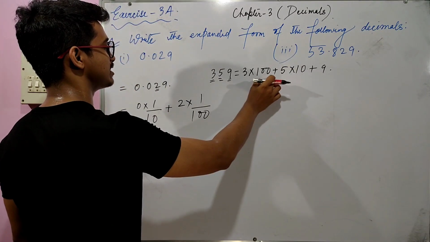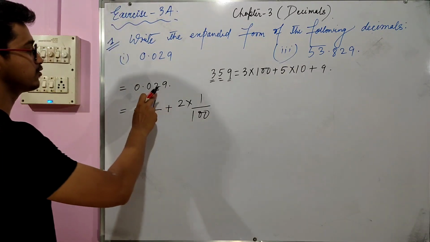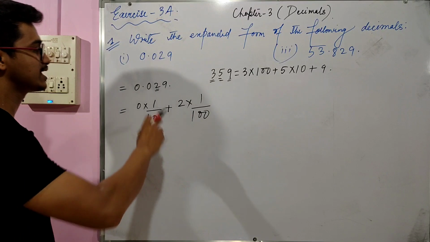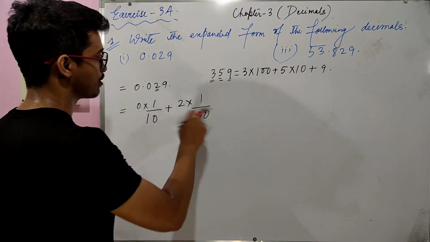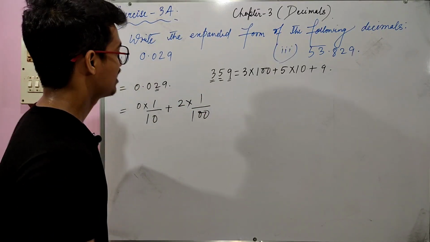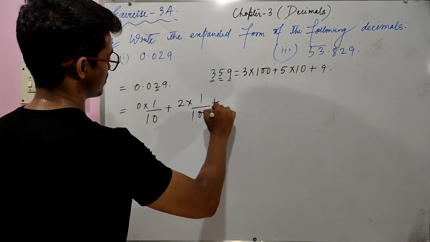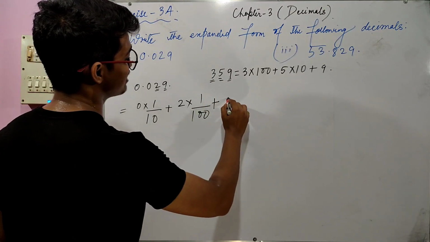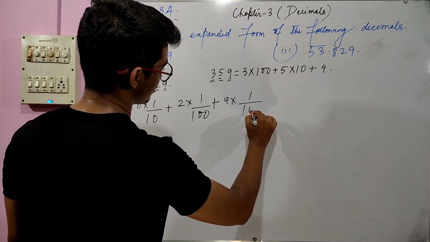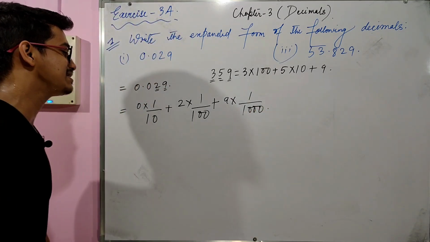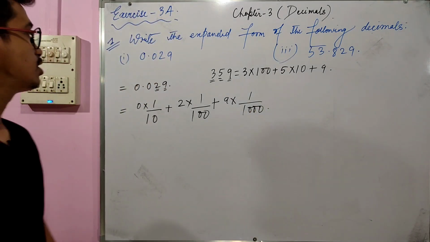The position of 2 is hundredths, whose denotation is 1 by 100. Simple. And then plus 9. What is the position of 9? That is thousandths, right? So that is the expanded form of 0.029.